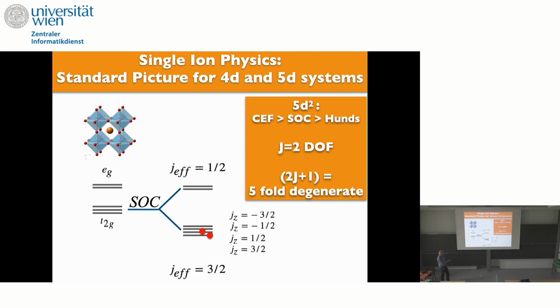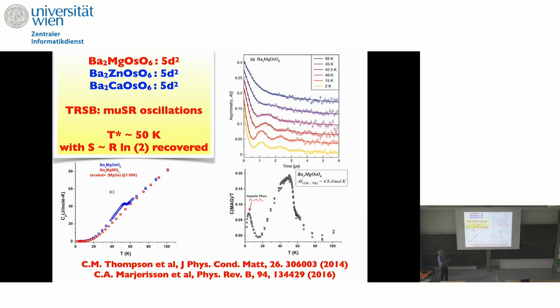And this is actually realized in this family of double perovskites. They're still osmates, but we're moving them down to 5d2 by controlling the valence of the B site. Okay? So these are all 5d2s.